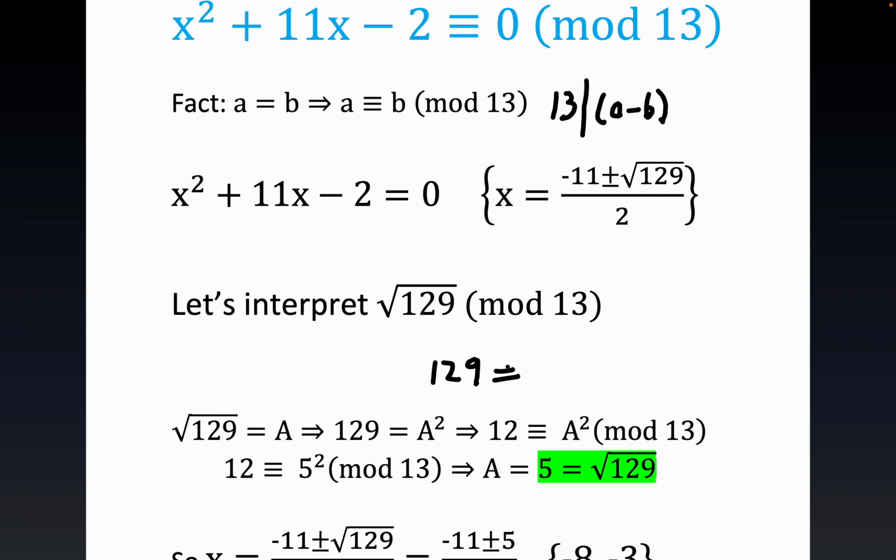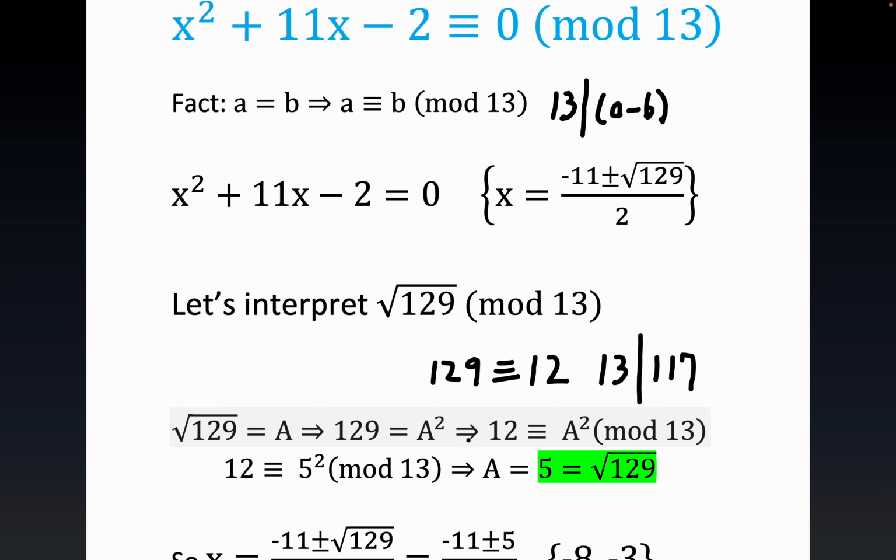If you subtract 12 from 129, you get 117, because 13 divides 129 minus 12. And 9 times 13 is 117. So that's very nice. We scaled this thing down using properties of congruences. Is that right? 129 minus 12 is 117, and 9 times 13, yes, that's correct.